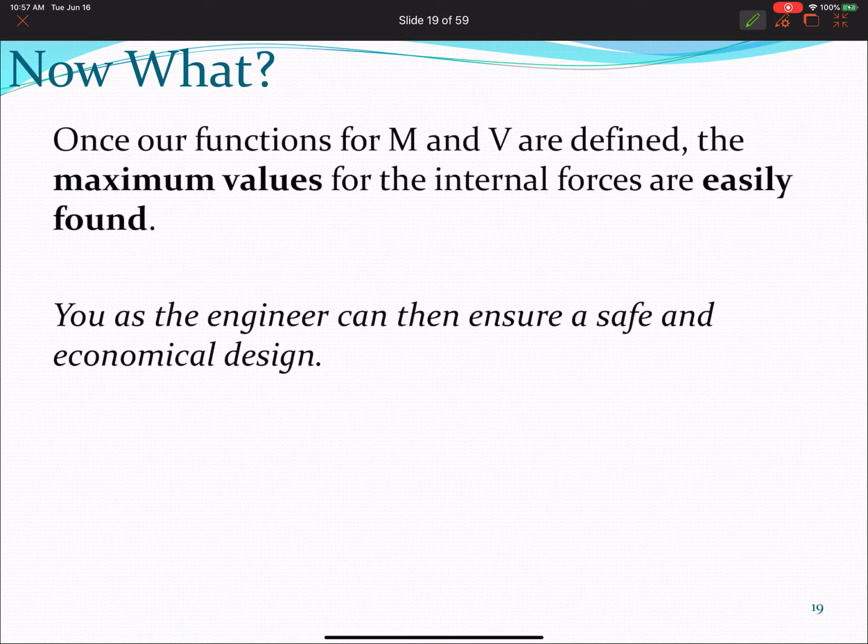For the safe design, you are interested in the maximum values. And then for the economical design, you are interested in the minimum values. Maximum values, because then you need to add more material or stronger material.